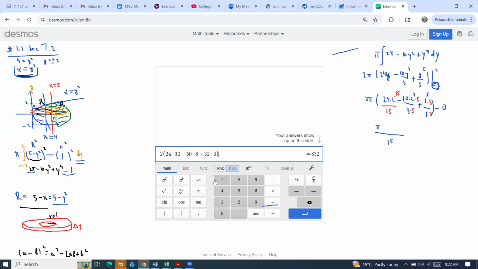So there we have the answer. 832 over 15. I say, can you reduce this? Well, 15 is 3 times 5, so it definitely cannot be divided by 5 because it ends with a 2. By 3? Well, 3 and 2 is 5, plus 8 is 13. So the sum of digits is 13, so it cannot be divided by 3. So that's our answer.